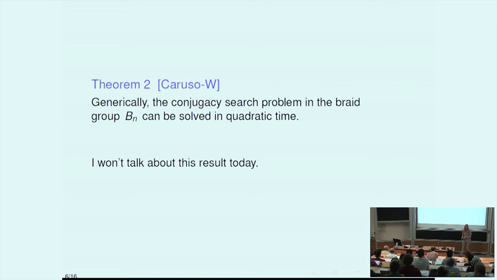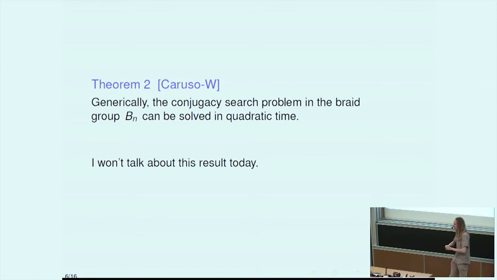Either it says the two braids are conjugate and here is a conjugating braid, or it responds the two braids are not conjugate and here is a proof that they are not conjugate, or it replies, I don't know.